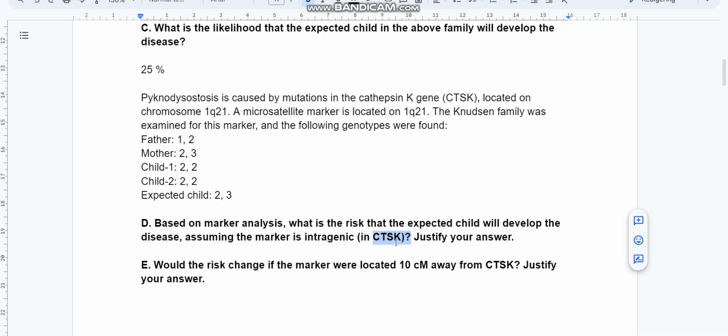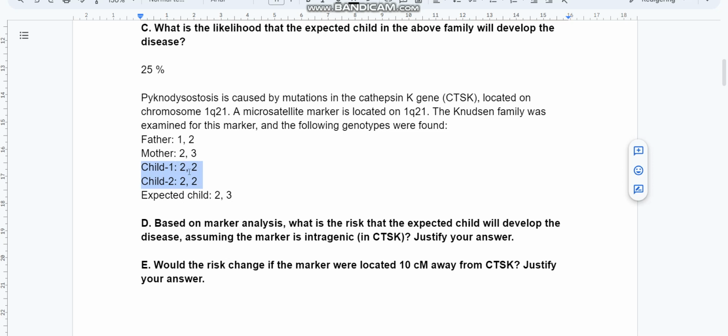So let's look at the expected child here. 2-3 indicates that the child has one allele of type 2 and one allele of type 3, right? And if you look here at the two children who do have the expressed phenotype, they both have 2-2.